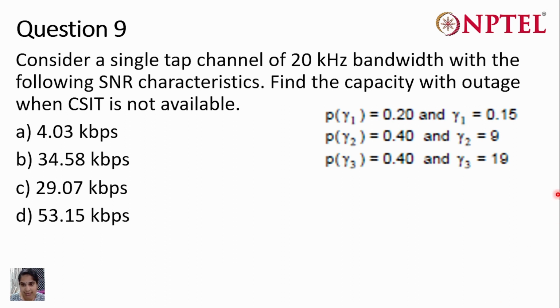On similar lines, how do you find the capacity with outage? That is, you don't have CSIT. So how do you find the capacity with outage?